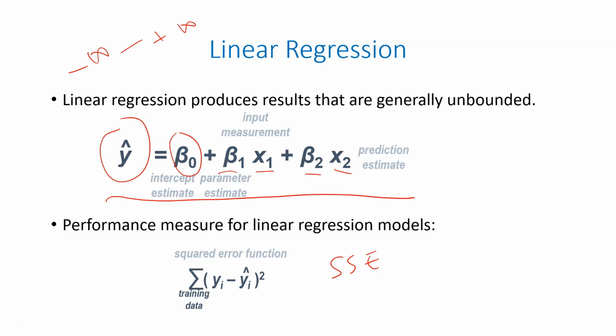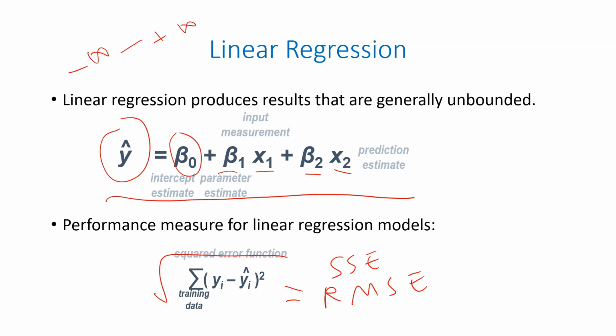Taking the square root of the sum of squared error gives us the root mean squared error, which is a popular measure to approximate the average prediction error. So those are the key features of linear regression.